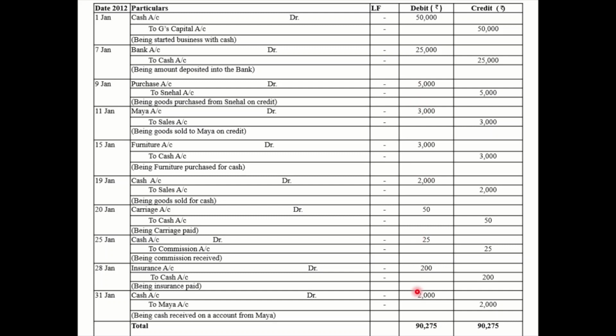And at the end we have to total the debit and credit balances. This is the journal entry of all the transactions which we have seen separately. This is a summarized sheet of journal entry. Thank you.